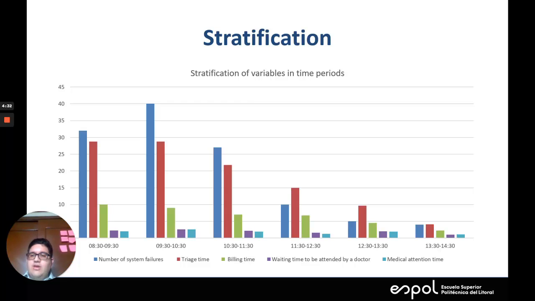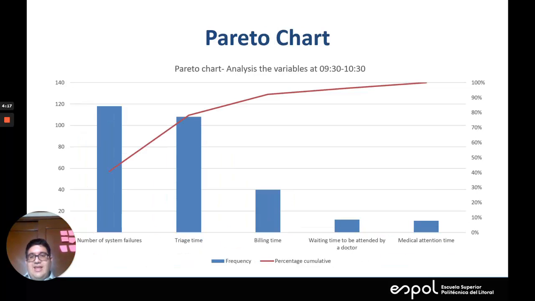My variables are the number of system failures, triage time, billing time, waiting time to be attended by a doctor, and the medical attention time. The most critical time period is 9:30 to 10:30, and analyzing the Pareto chart of the variables in that period, 18% of my problems originate from system failures and triage time.